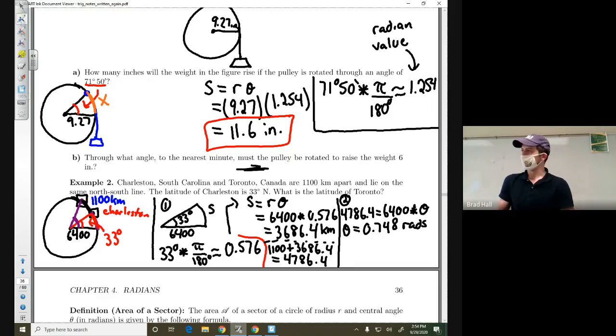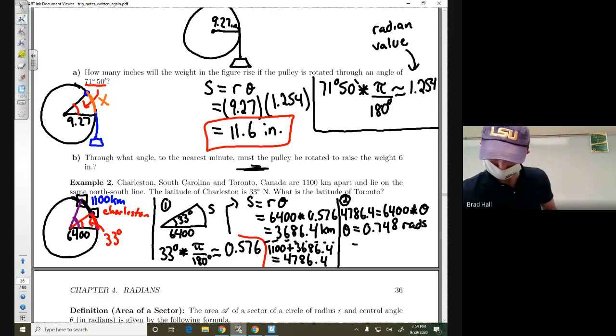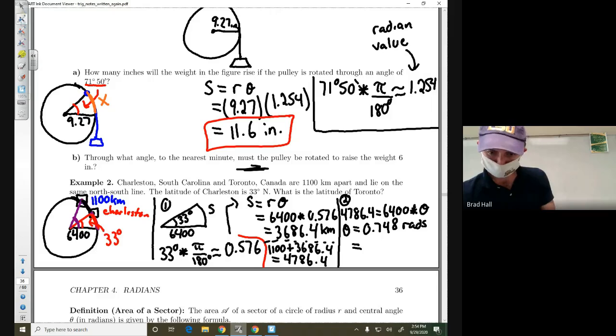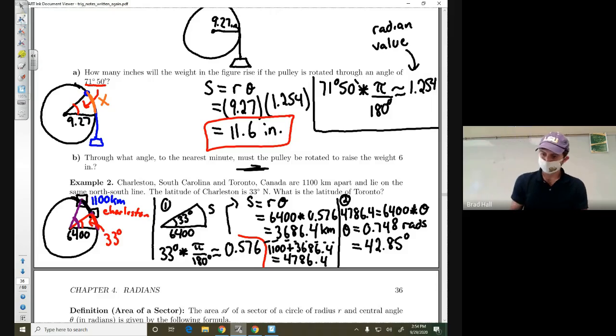We're going to go ahead and view this in degrees. So how do we convert this to degrees? I'm going to multiply that by 180 divided by pi. And that would be our final answer.